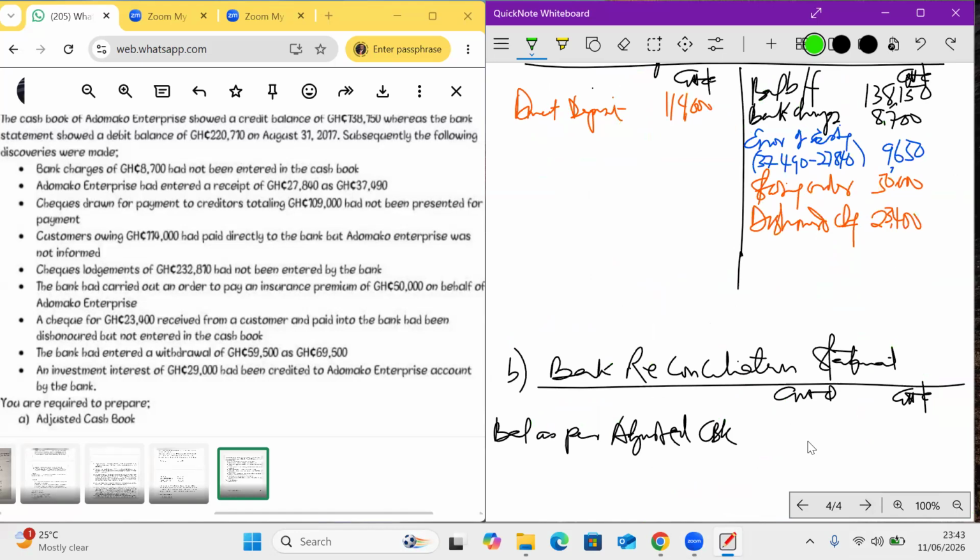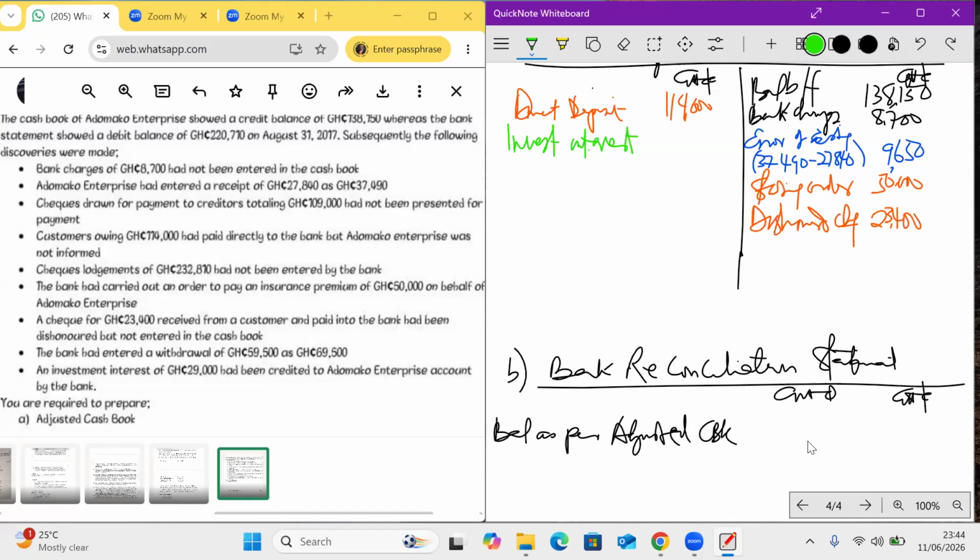So we go. Will investment interest be on the credit side? It should be on the debit side, because they have credited it in the bank statement. Opposite side, you debit it. An investment is also coming in. If it's coming into the business as cash, you debit it. It's like dividend received, investments received, interest received.